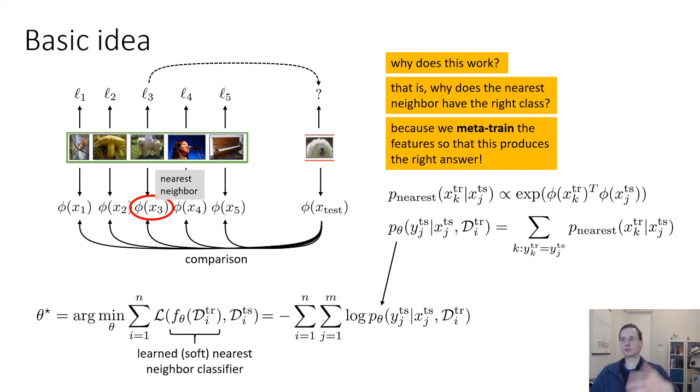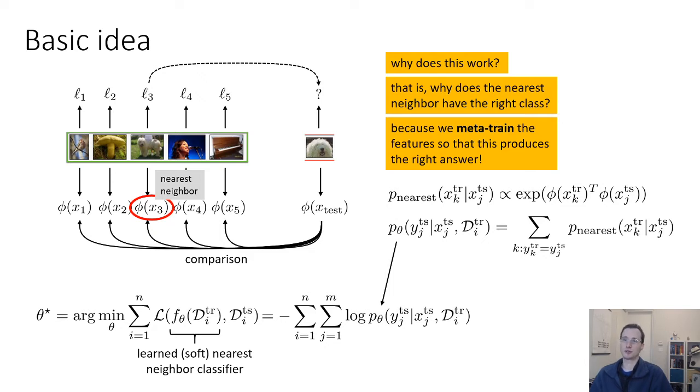So if you want to know what is the probability that the label is L1, well, sum over all the training points that have L1 as their label and add up their probability of being the nearest neighbor. So of course, if the point with the label L3 here has the highest probability of being the nearest neighbor, that means that the probability of its label being the correct label will also be highest.